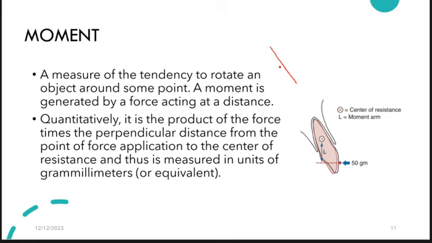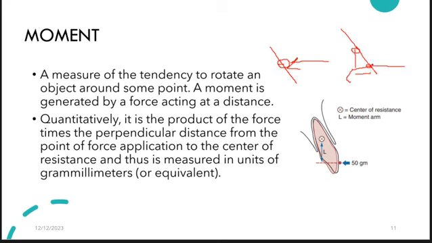Imagine this is a tooth and this is the center of resistance. As already mentioned, when a force is provided along the axis passing through the center of resistance, a bodily movement happens. But when a force is rendered away from the center of resistance, this is the point of application of force, and this is the perpendicular distance.